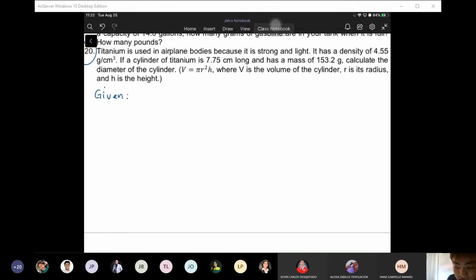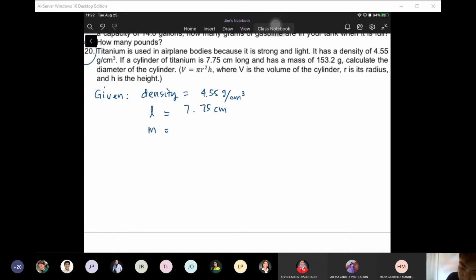What are the given ideas? The given is that we have density equal to 4.55 grams per cm3. Ano pa? The length of the cylinder, L na lang, being 7.75 centimeters. What else?